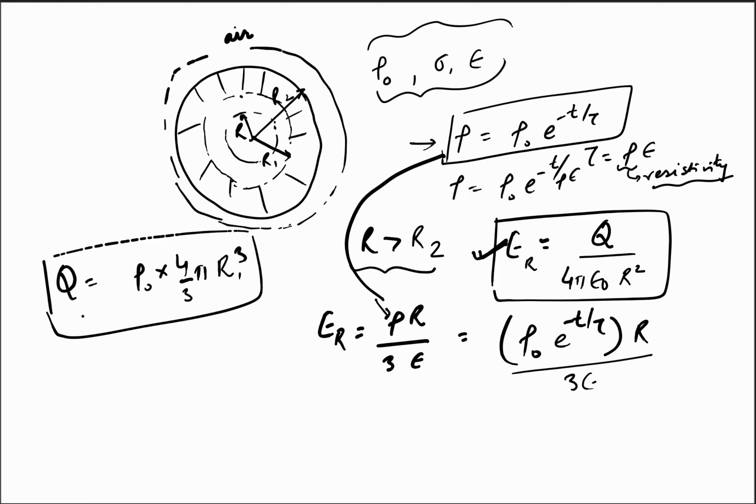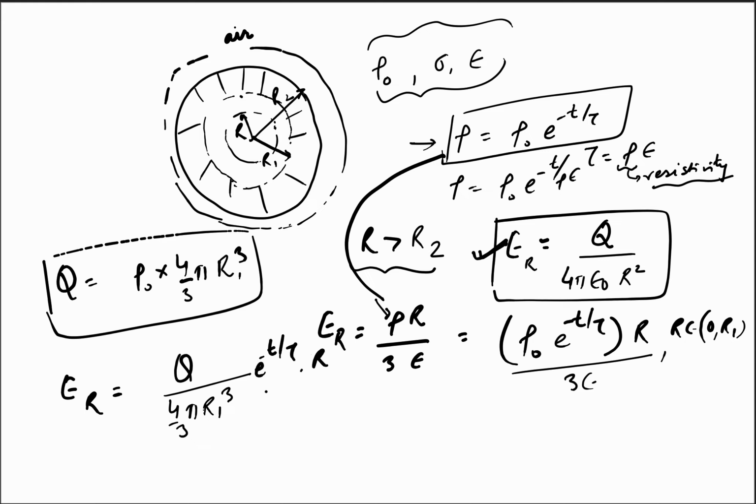Now I will try to replace this rho naught with Q. So E_r for r belonging to 0 to R1 is equal to Q over 4 by 3 pi R1 cube, e to the minus t over tau, into r over 3 epsilon. This will get cancelled out and it will remain as Q r e to the minus t by tau over 4 pi epsilon R1 cube.